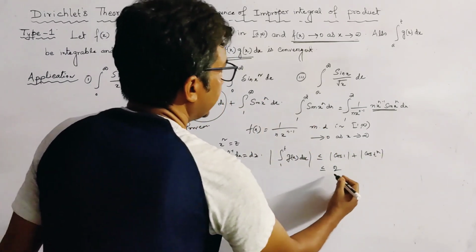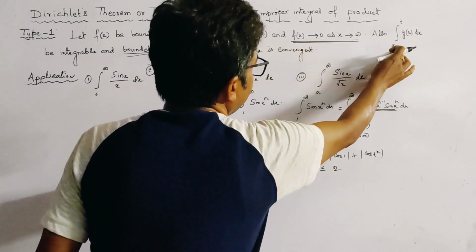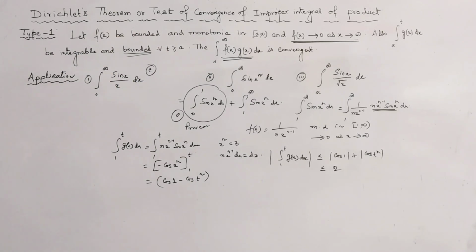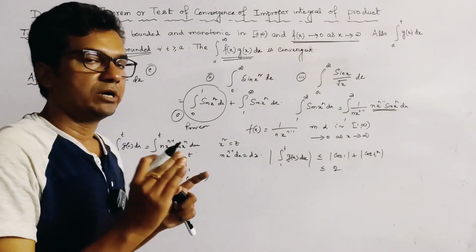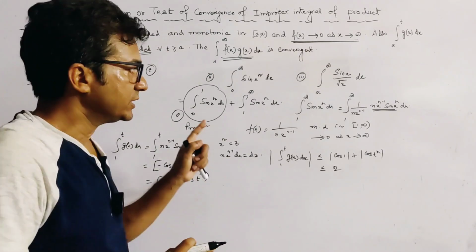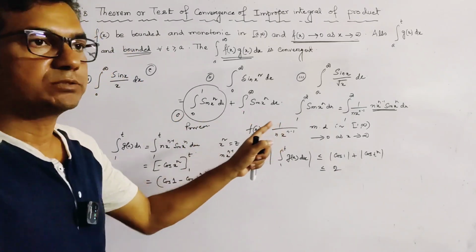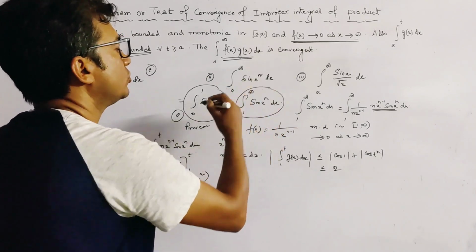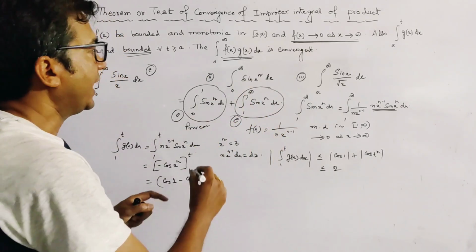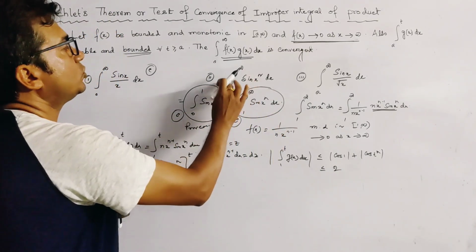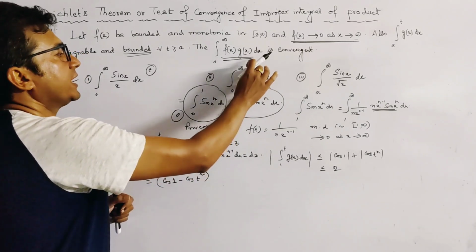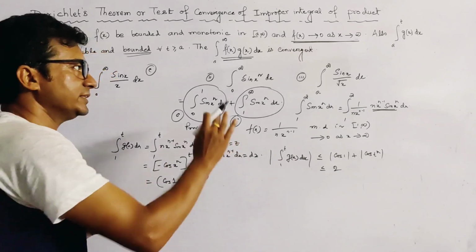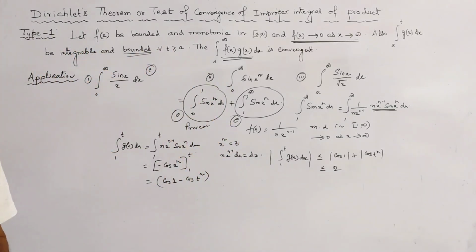And we say that the second condition, that is integral a to t g(x) dx, is integrable and bounded. So here also Dirichlet condition of convergence is satisfied by f(x) and g(x) both. So we say that the second integration is also convergent, and that is the integration 0 to infinity sin x to the power n dx must be convergent, right? This is the second example.